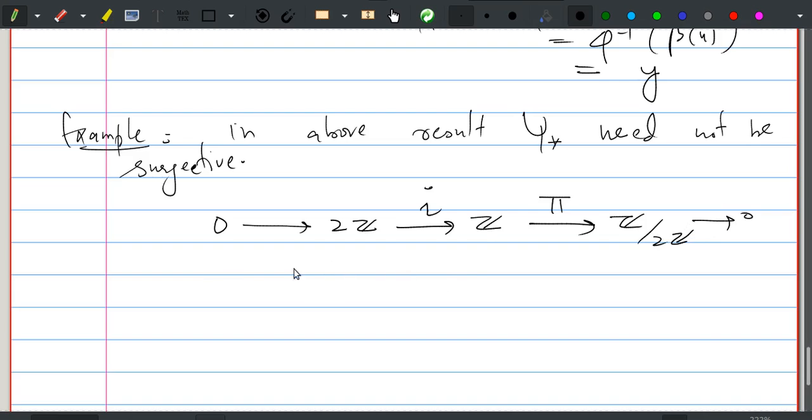Now let us choose our module D to be Z itself.